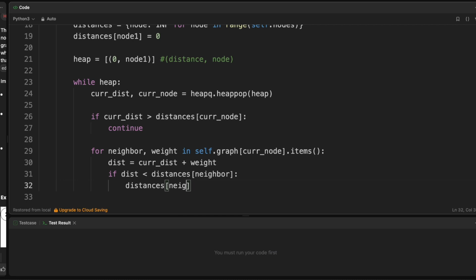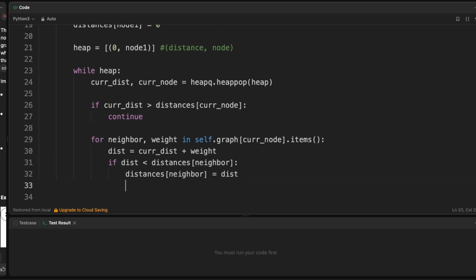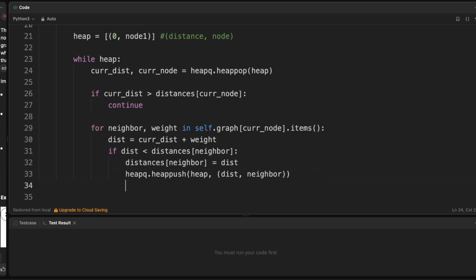So we're just gonna update that in the distances list, and it's gonna be distance, and then we're gonna push this new value back into the heap, and it's gonna be distance and neighbor, which is the node.